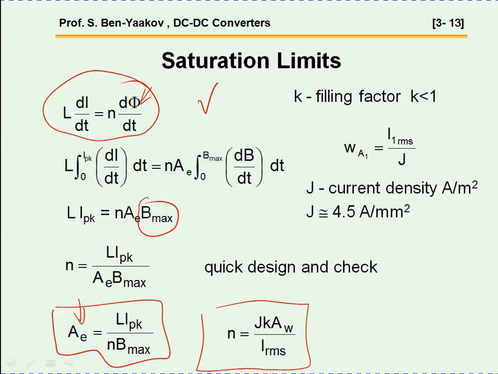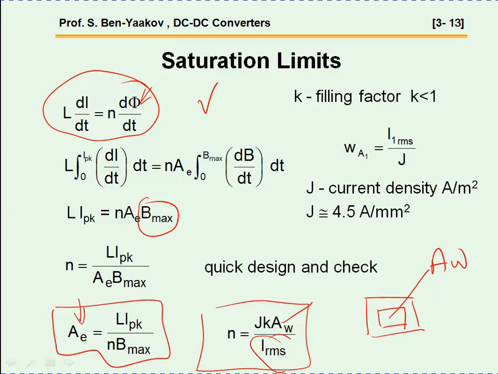Now, the number of turns depends on a number of parameters. Number one, the window that is given to us, the winding window. The current: the heavier the current, the heavier the wire we need, the larger the diameter of wire.